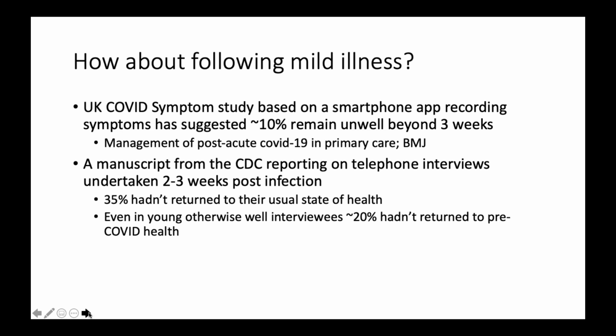I think that difference in prevalence represents the difference in disease severity at presentation, and that's fairly consistent through the literature. There was another study out of the States where they did telephone interviews 2 or 3 weeks post-infection. The really surprising thing was that even in younger people, about 1 in 5 hadn't returned to their usual state of health at 3 weeks, and about a third overall across the entire population.